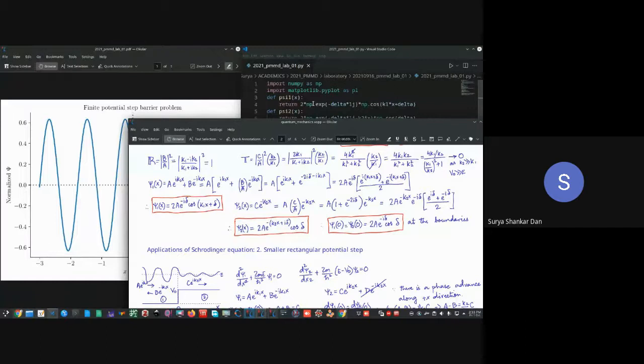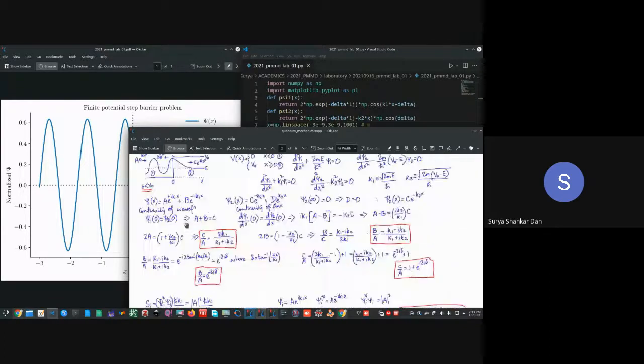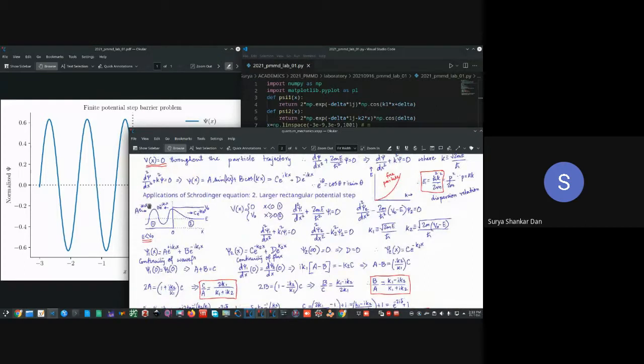As you can clearly see, psi1 is this, psi2 is this, but you will notice that I have omitted the value of A. I could have added A and put some particular value of A, but it is kind of foolish because I would like to plot the normalized wave function on the y-axis, so I don't have to bother about this amplitude A anymore. Why have I omitted just this A? Because remember, the incident wave function is A e to the power of i k1x, so the amplitude of the incident wave is only capital A.